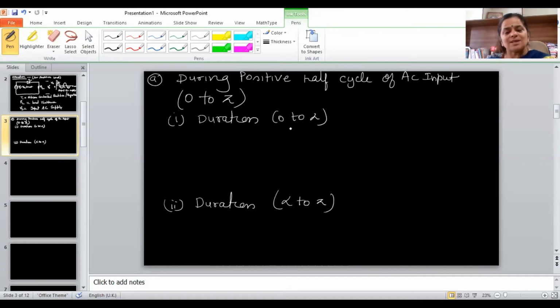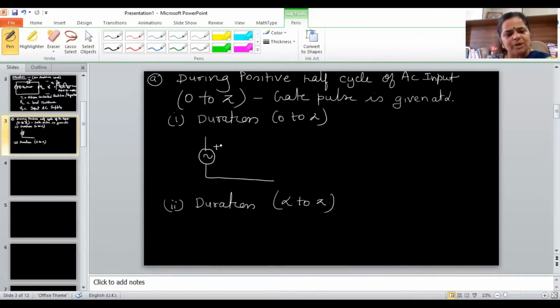So as you know, the gate pulse is given at alpha.